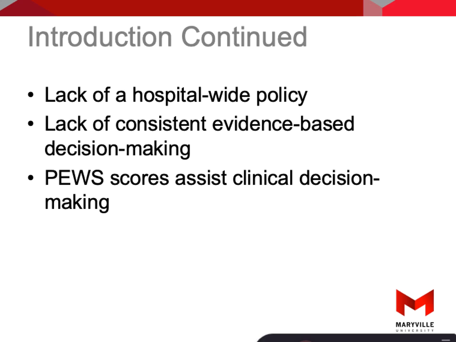PEWS scores are found in research to be a reassuring system that can effectively quantify the status of acutely ill children in the hospital, which enables early recognition of clinical deterioration by staff and timely management of a change in a child's clinical status.